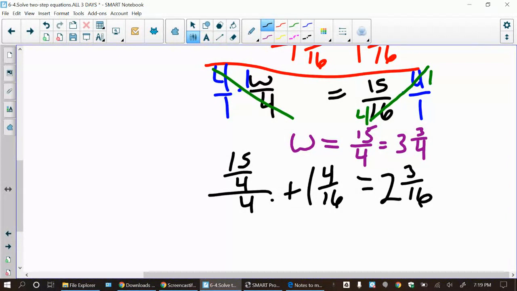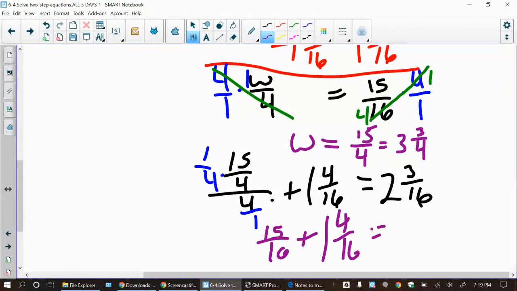Okay. Remember, we can't really divide by 4. So if it was written as 4/1, I'm really going to multiply by 1/4. That gives me my 15/16 plus 1 4/16. So notice that is still going to equal our 2 3/16.